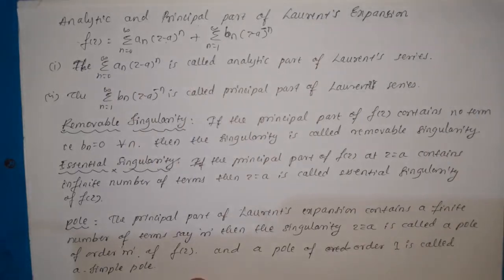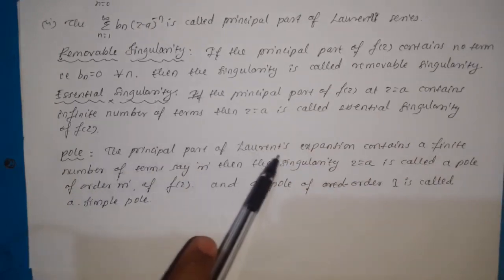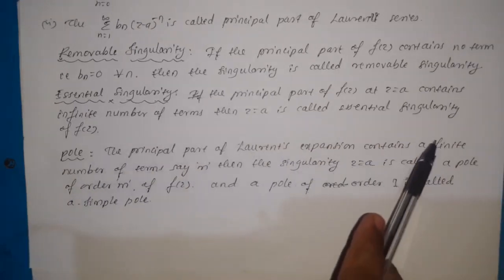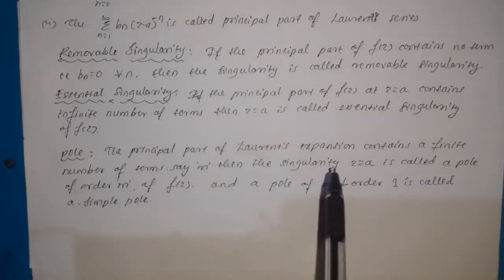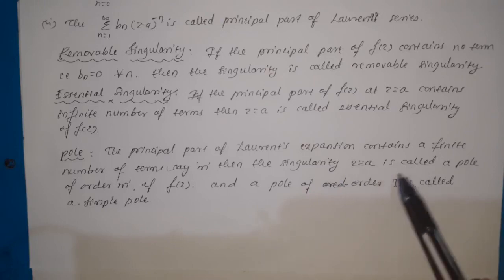And then pole. If the principal part of the Laurent expansion contains a finite number of terms, say m, then suppose that part is having some finite number of terms, then the singularity z equal to a is called a pole of order m.